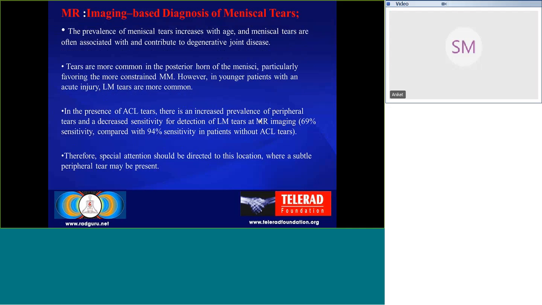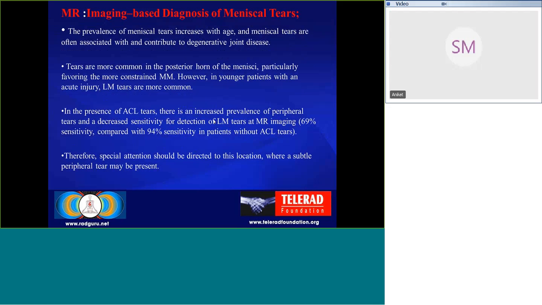Come to the classification and pattern of tears. The prevalence of meniscal tears increases with age, and meniscal tears are often associated with and contribute to early degenerative joint disease. Meniscal tears are more common in the posterior horn of the meniscus, particularly favoring the medial meniscus.